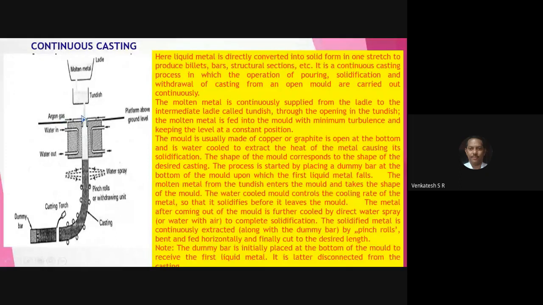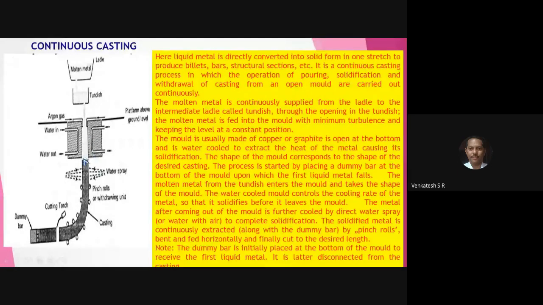All around, an inert gas is circulated around the liquid metal in order to avoid oxidation and contamination, and there is a chamber where cold water passes inside and flows out, so that the continuous casting is produced in this chamber.